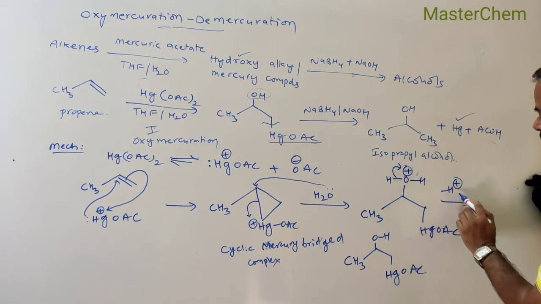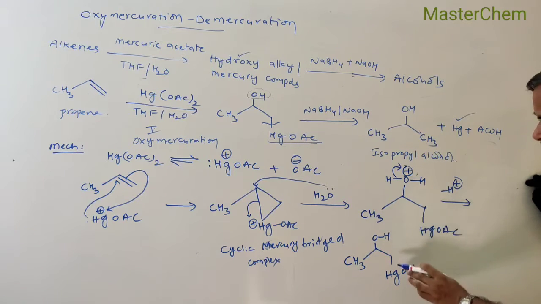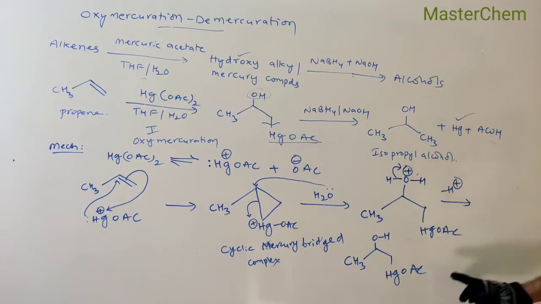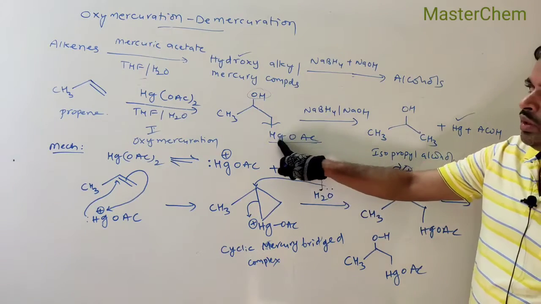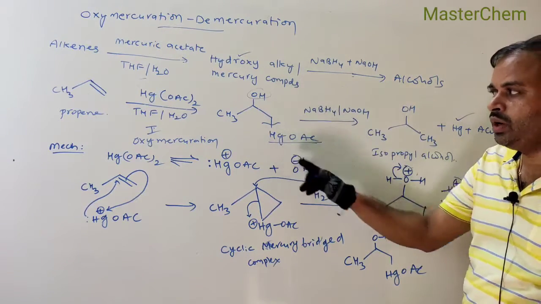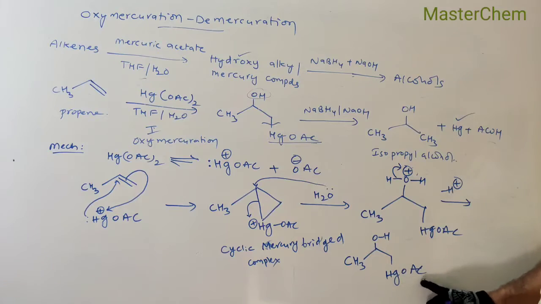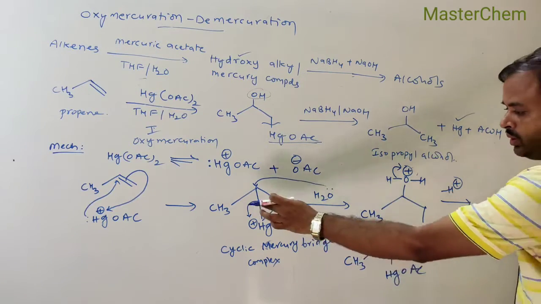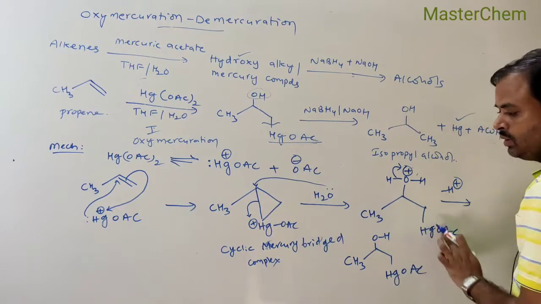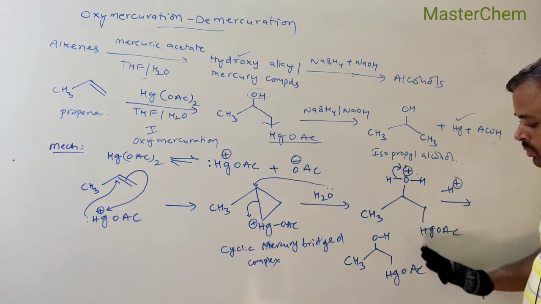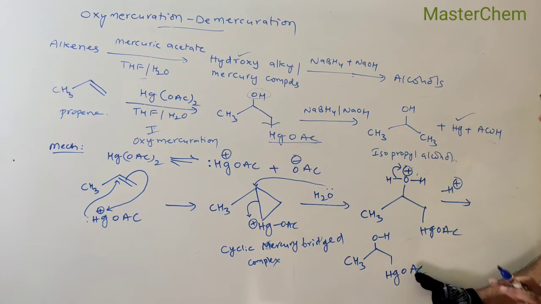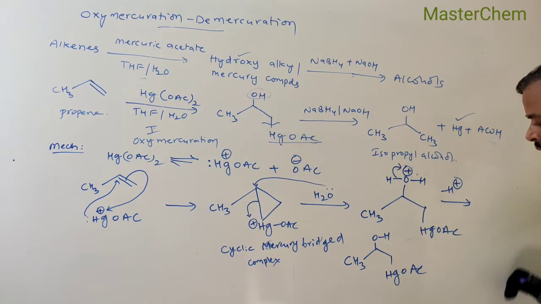To neutralize the positive charge, removal of H plus takes place and leads to the formation of this compound. So what is this compound? A hydroxyalkyl mercury compound. The mechanism up to this point is step 1, which is oxymercuration.